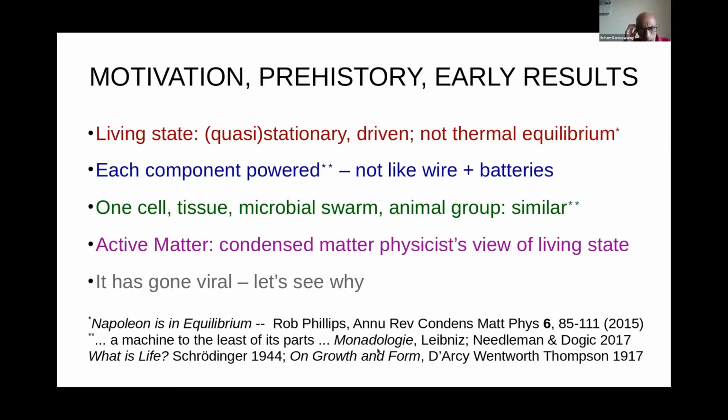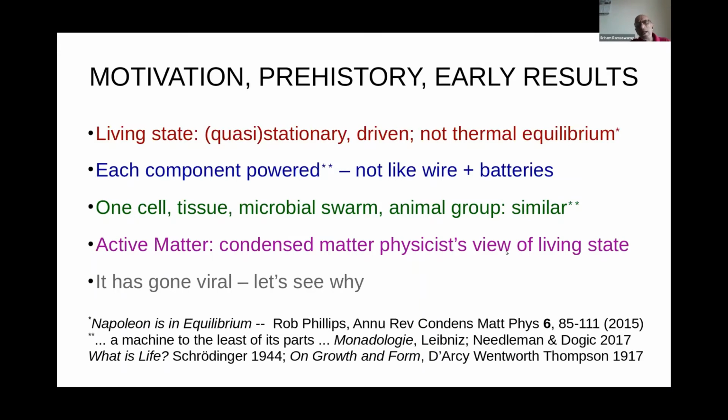Many of the ideas we talk about today are echoes and workings out of ideas that were adumbrated very long ago. And active matter is the condensed matter physicist's view of the living state. That's a fair way of describing it.